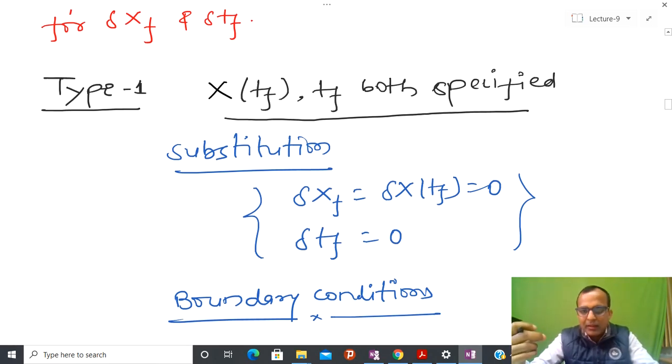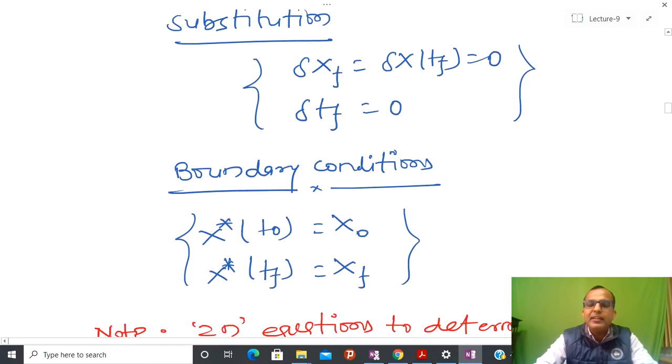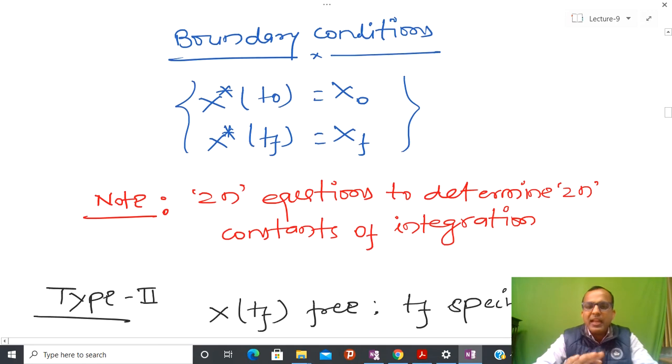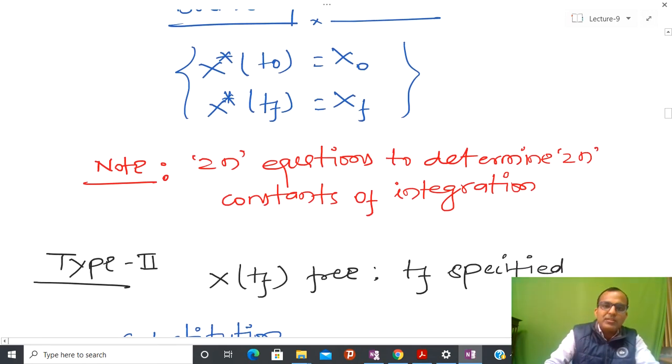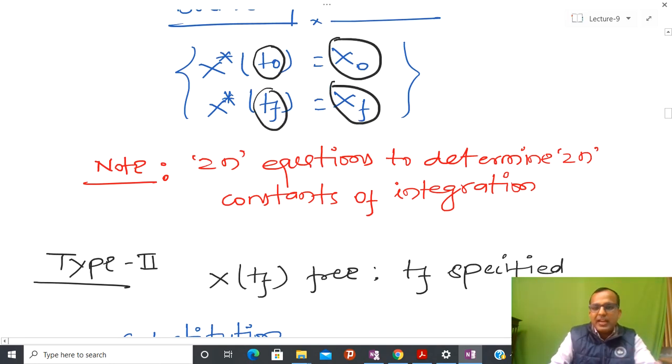After that, tf the final time is known and the final state is known, then the boundary condition is simply whatever is specified inside the problem, and the problem becomes very simple, because here you can see that t0 is known, x0 is known, tf is known, xf is known, and you just have to solve 2n Euler equations, and in order to determine the coefficients we have to use these two boundary conditions.